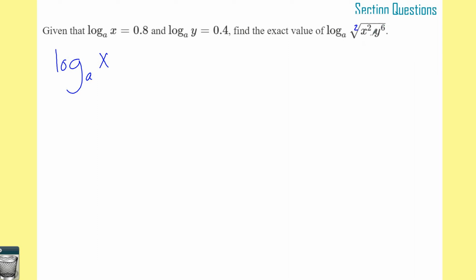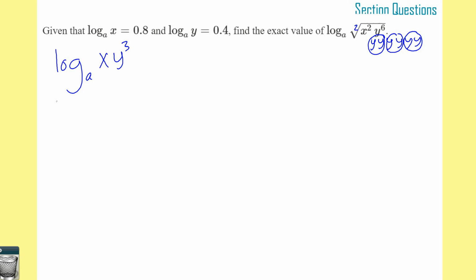Again, we're taking out pairs, so y to the 6 is 6 y's, so we group them up. We're going to have 3 y's on the outside, so that's going to be log base a of x y cubed. Okay, so we can simplify our radical. We actually didn't even have to write any rational stuff, so that's perfect.